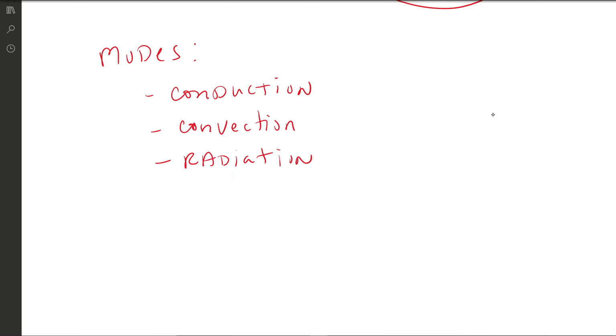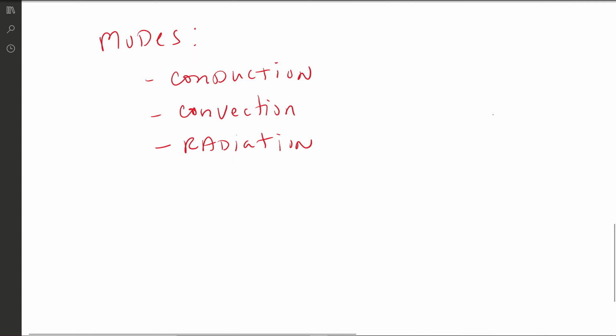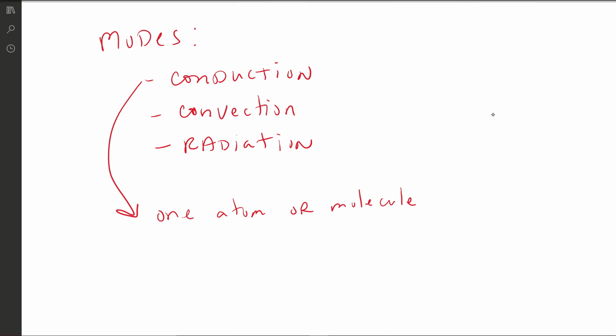All right, we're looking at conduction right now. So conduction is the process of transferring energy from one atom or molecule directly to another, right? So from one atom or molecule directly to another atom or molecule.